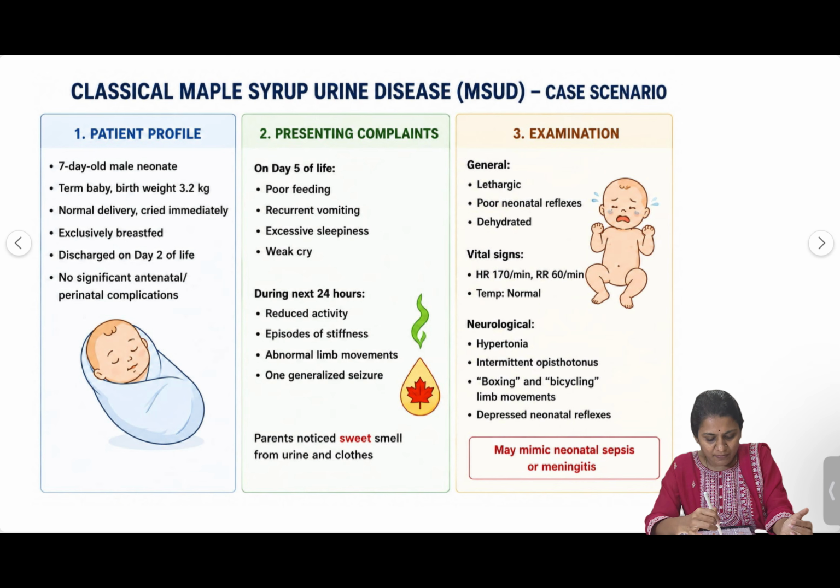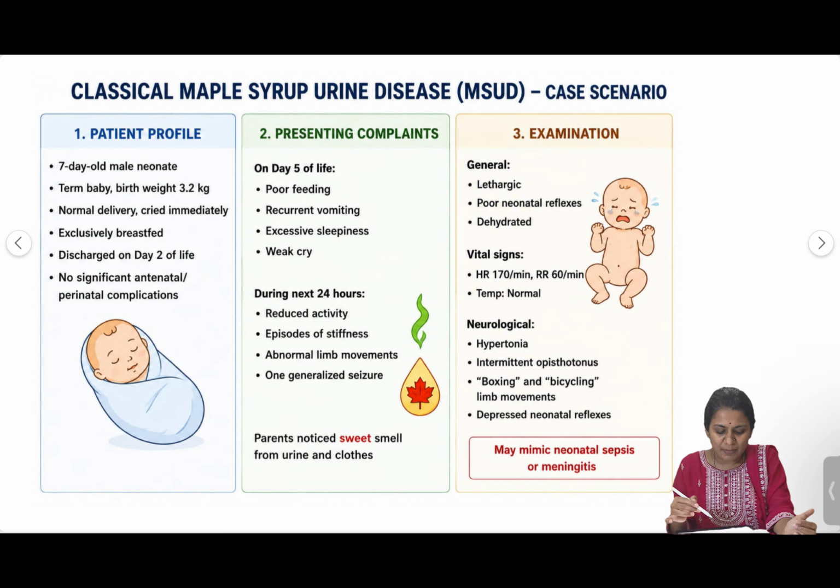But on day 5 of life, the baby developed poor feeding, recurrent vomiting, excessive sleepiness and weak cry. In the next 24 hours, the mother noticed reduced activity, stiffness and abnormal movements, and one generalized episode of seizures.